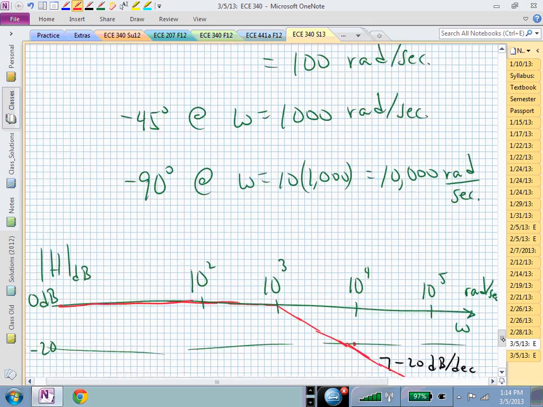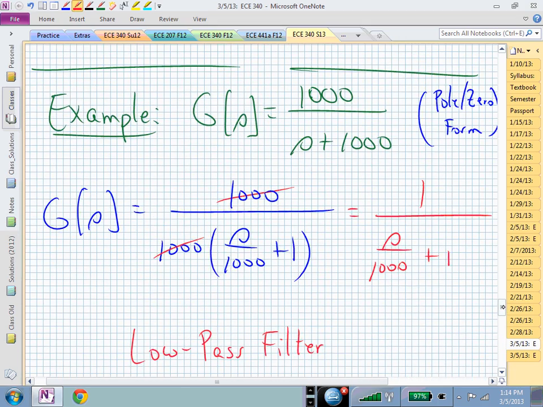Oh, if I had in this transfer function, instead of 1,000, if I started with 10,000 in the numerator and I kept my pole at 1,000, what's that going to do now? How does that change my phase plot? It doesn't change my phase plot at all, does it? But it does change my gain plot or my magnitude plot. I now have 10 for my overall gain.